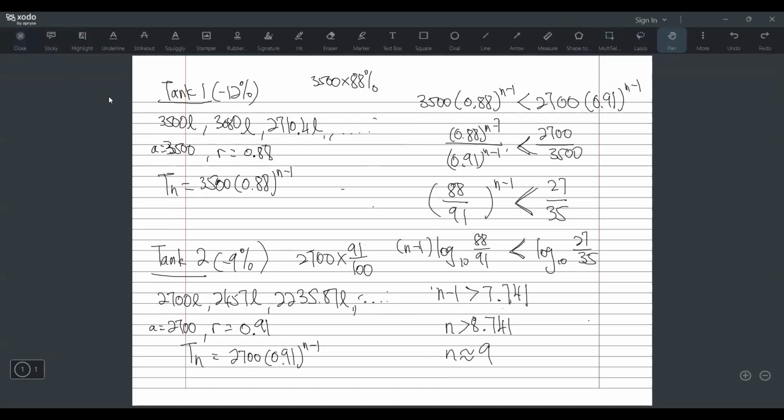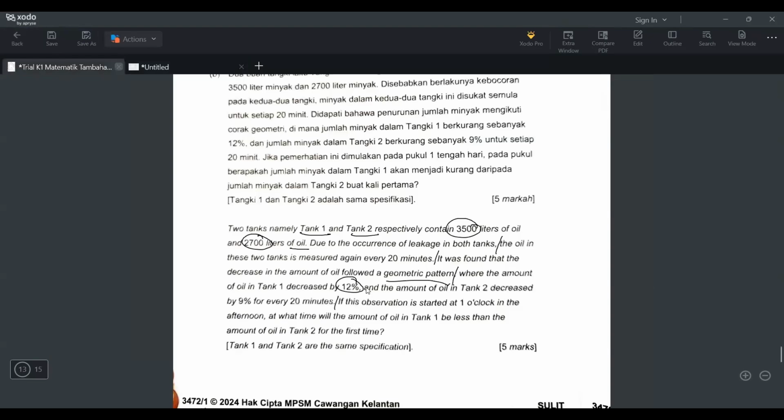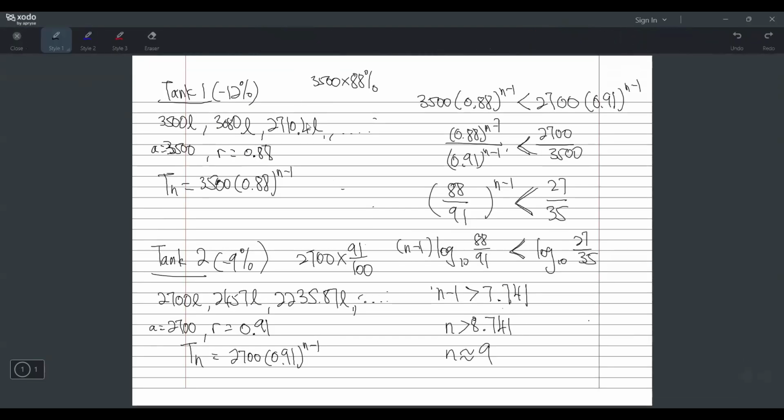But you cannot write this as your answer because they mentioned what time, and they say it starts at 1 p.m. So my answer here will be: time will be 1 p.m. plus something. They mentioned that every 20 minutes it will leak. So imagine it's at the ninth term.